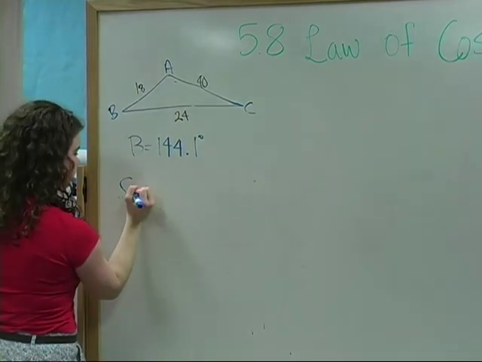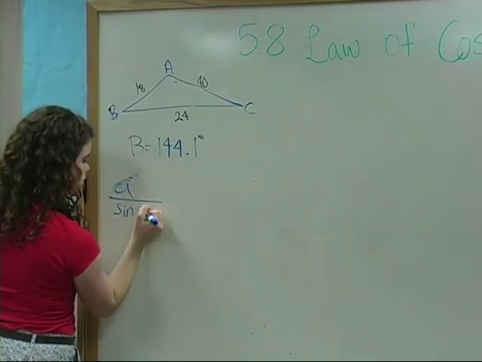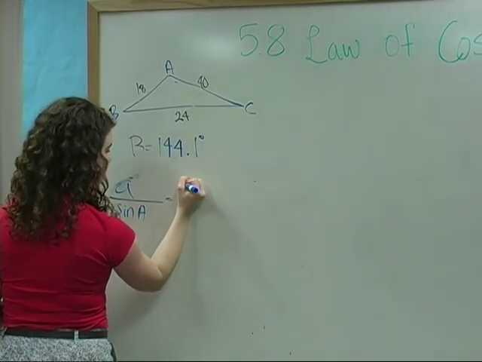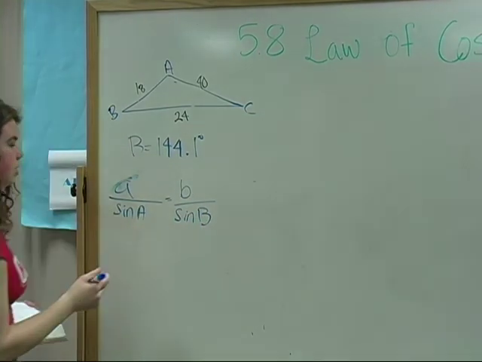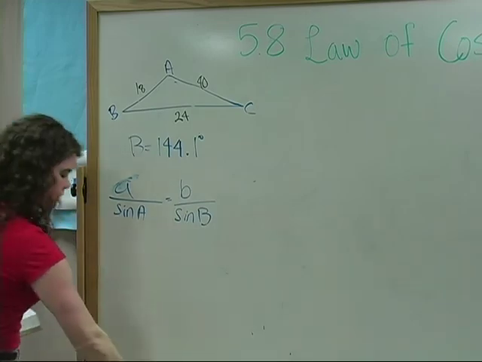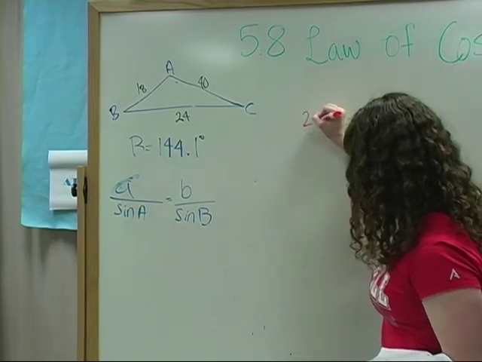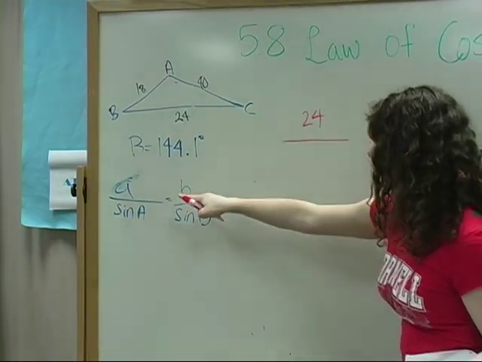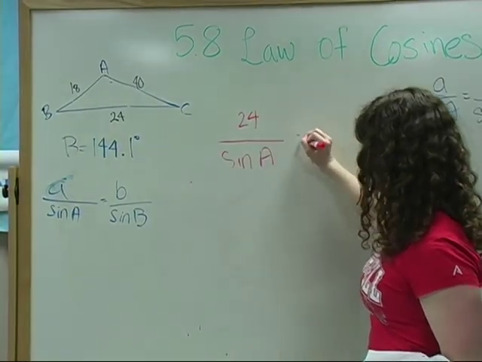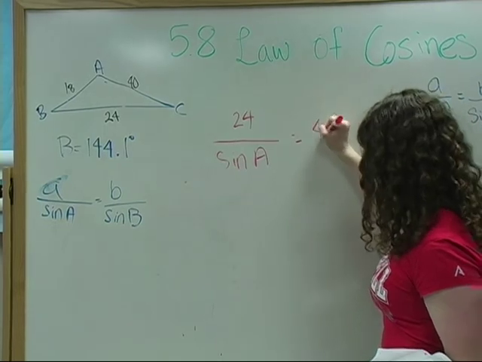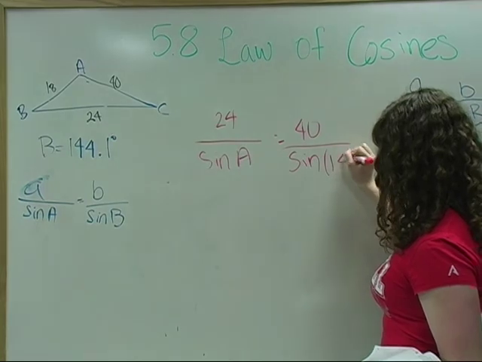So sine A over a equals b over sine B. So let's plug in what we have. 24 for a over sine of A equals b, which is 40, over the measure of sine of angle B, which is 144.1.